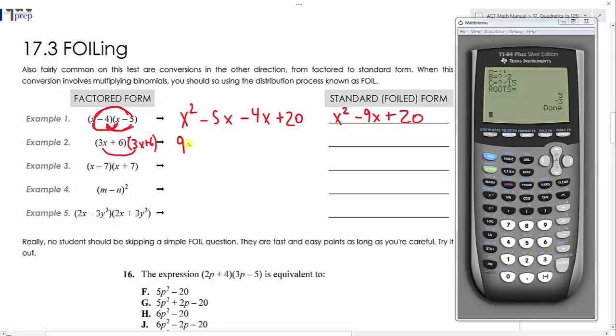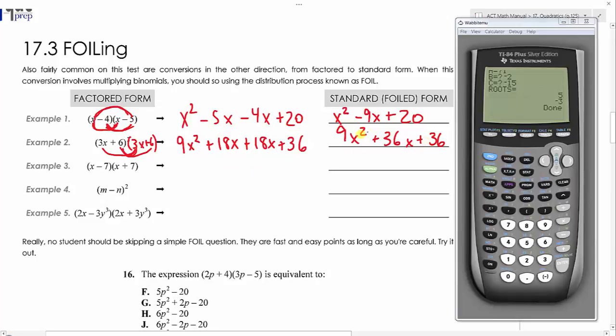It is 9x squared, and then the 3x times the positive 6 is 18x. The inner terms are going to be exactly the same. 6 times 3x is 18x, and then the last terms, the 6 times 6 is 36. So what do I end up with? I end up with 9x squared plus 36x plus 36. So that is how we foil that one.